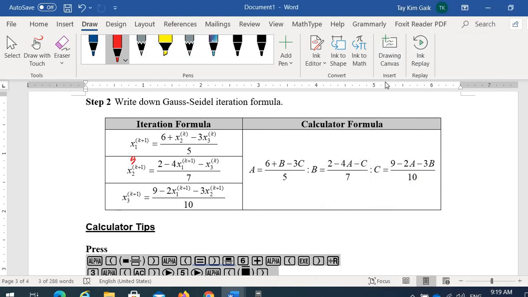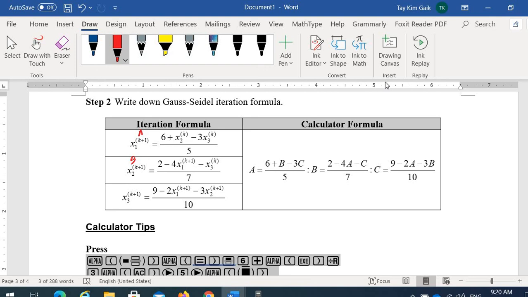Okay, x2 at k is B. And then x1 at k plus 1 stands for the new x1, which is stored in A. That's why this is A. For C, because we still don't have the new one, C here equals the old C.